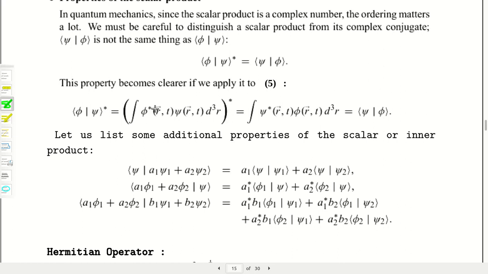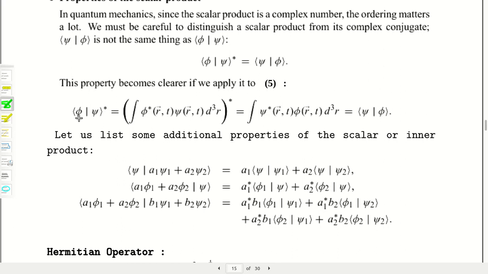Whole star means this will be starless because this is a scalar, and phi which was starred, so psi will be starred now and phi will be without star, which means that it is actually bra psi Ket phi.